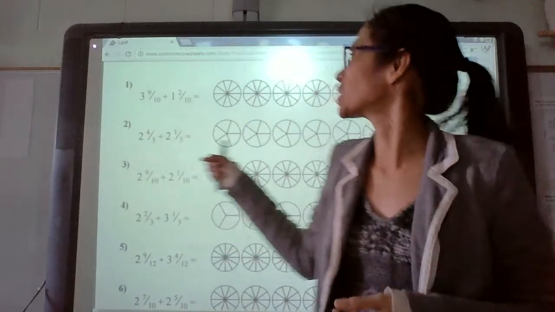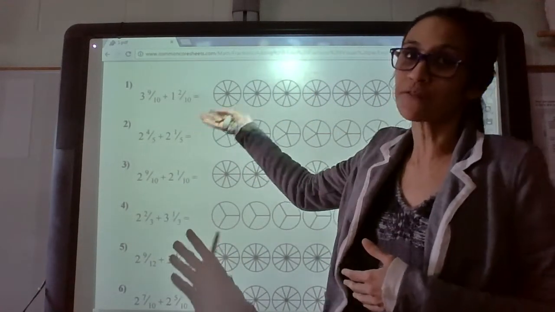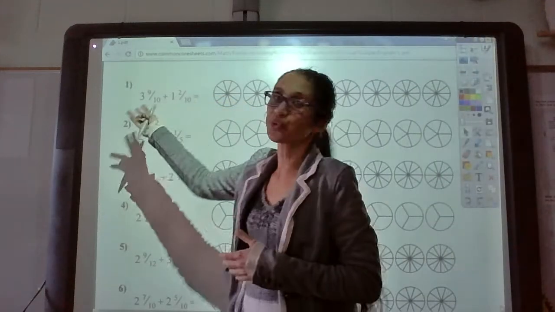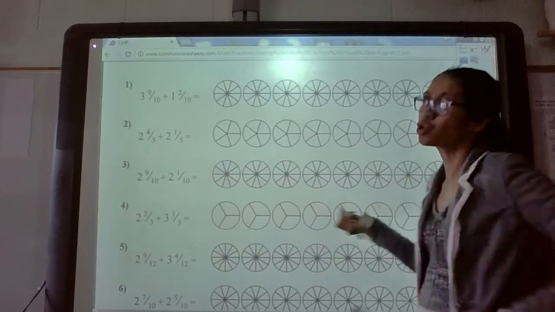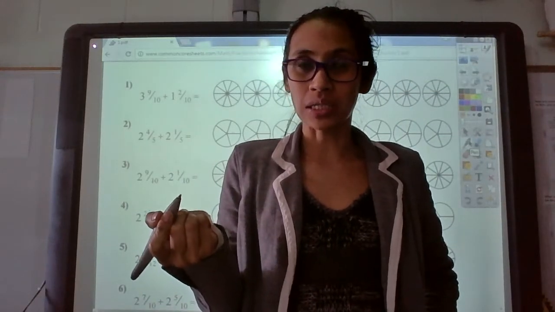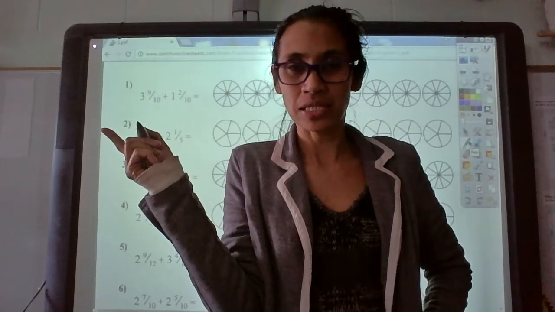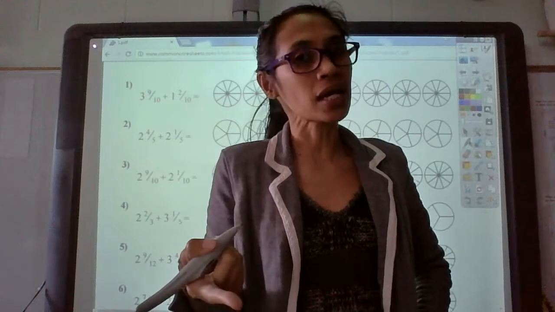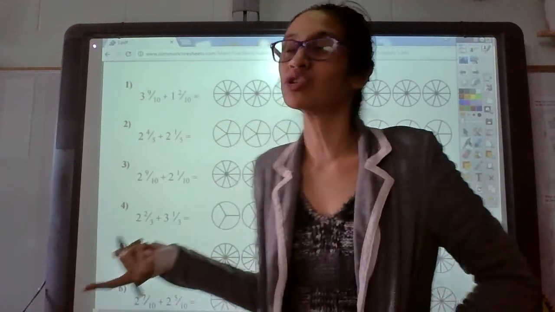So look at that first one. It says 3 9/10 plus 1 2/10. Look at the first mixed number, 3 9/10. What we need to do, you can use a pencil or a colored pencil, maybe don't use a crayon because some of the pieces are kind of tiny and it's going to be a big mess. I think that would be the best thing to use.